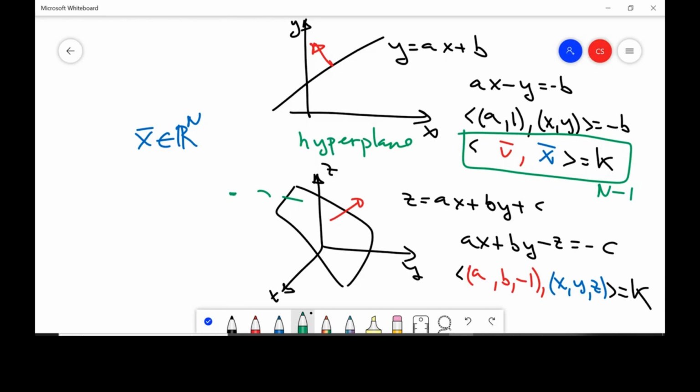So in general, if we are in dimension n, this equation defines a hyperplane that is an n minus 1 dimensional world. So fitting a line in one dimension and fitting a plane in two dimensions is the same. They both are hyperplanes in their own dimensions.